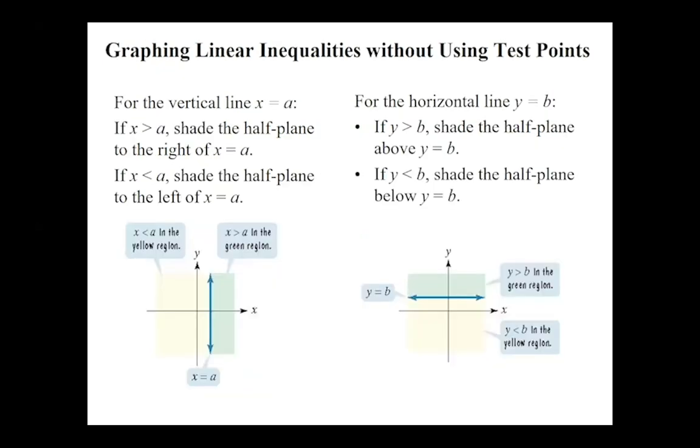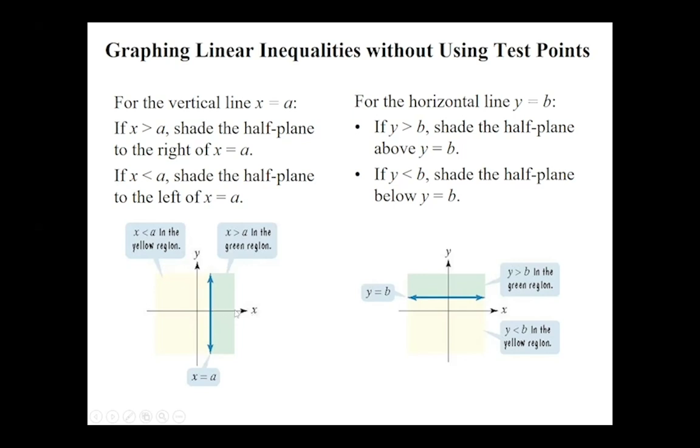Now, some inequalities we can graph without using test points, specifically vertical lines and horizontal lines. Vertical lines, just think of it as an IMAX screen for the normal number line. X is greater than 3 on the normal number line would be to the right of 3.